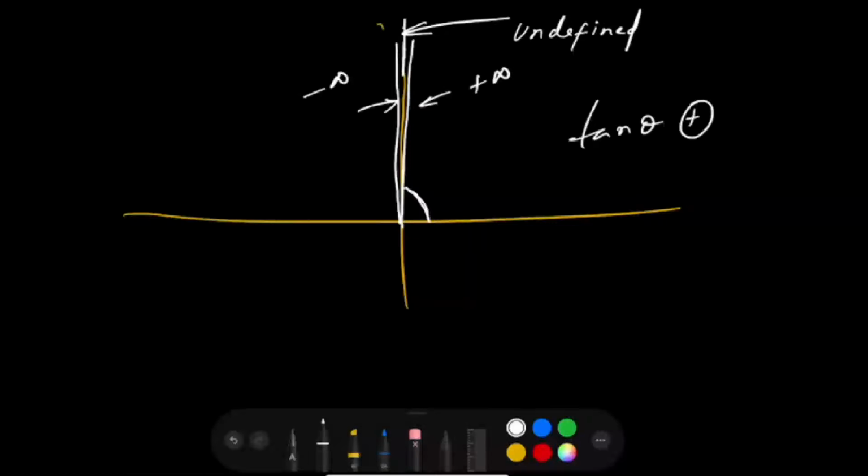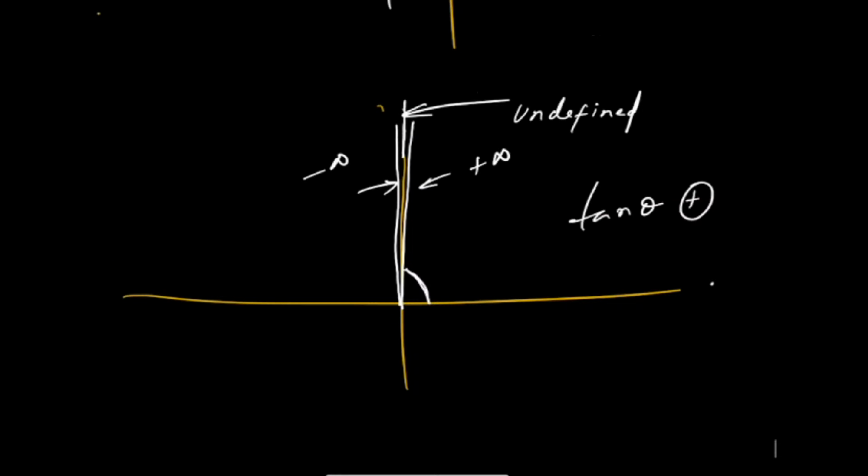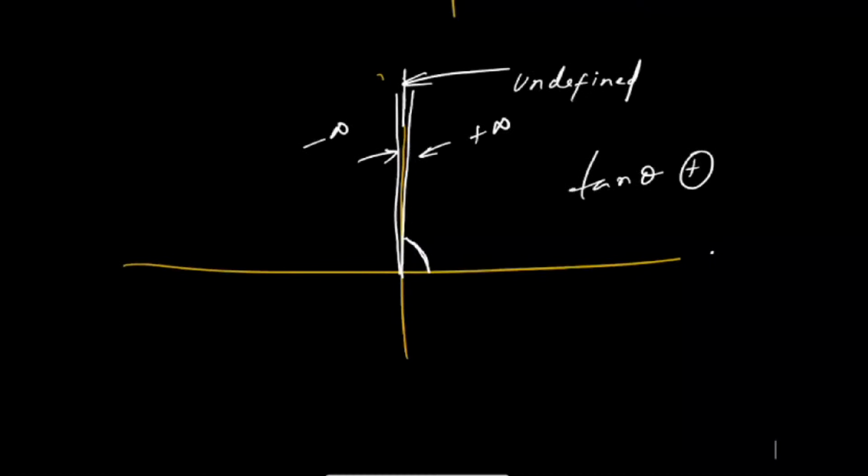That's why slope is undefined for a vertical line. For a horizontal line, slope is 0. For a line that makes an acute angle, slope is positive. For a line that makes an obtuse angle, slope is negative.